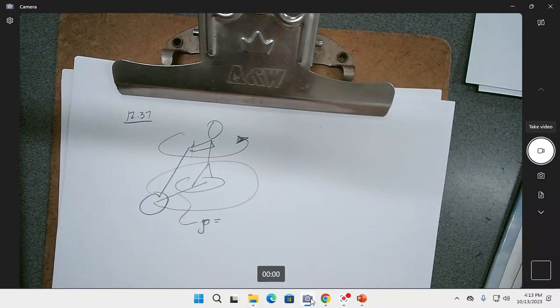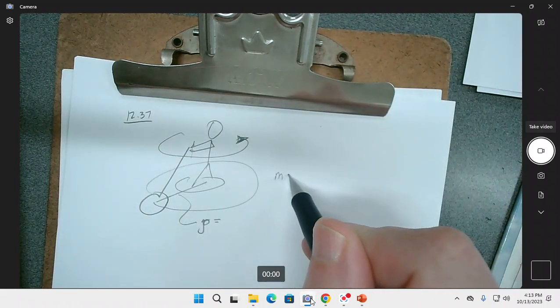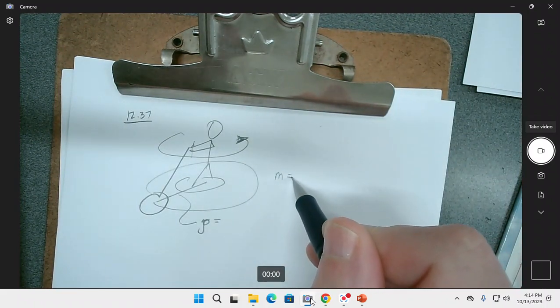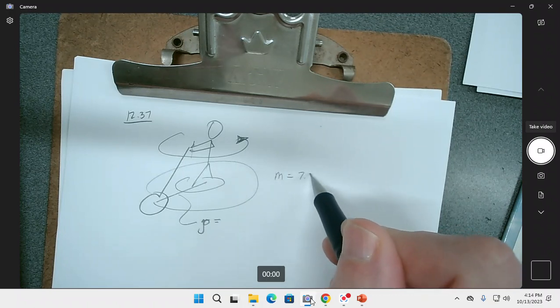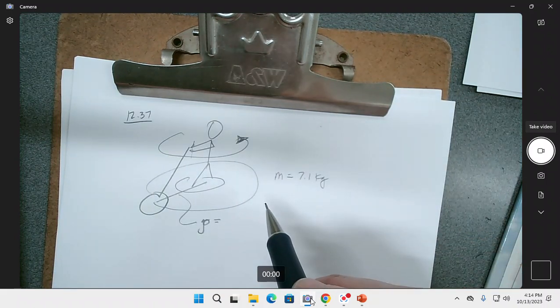Wait, are we supposed to find it? Let me think. Oh, no, we want to find the radius, we want to find the tension. So first off, the mass of the hammer is going to be 7.1 kilograms. Oddly specific.